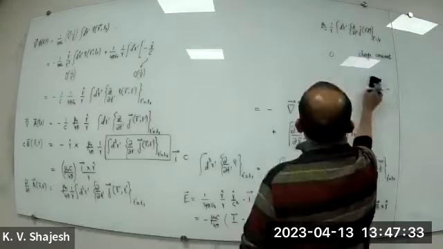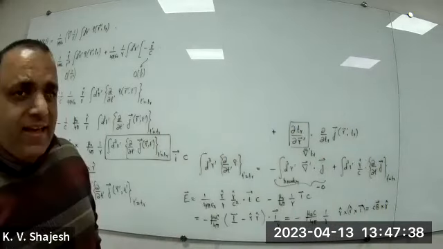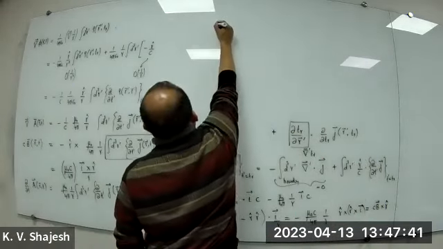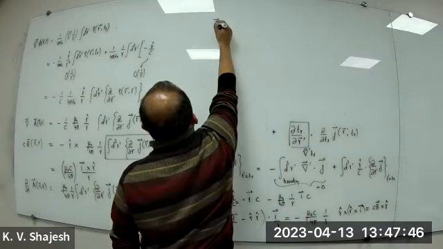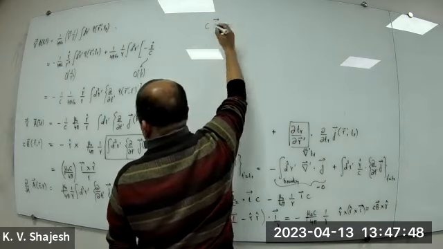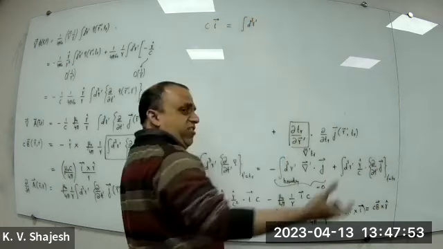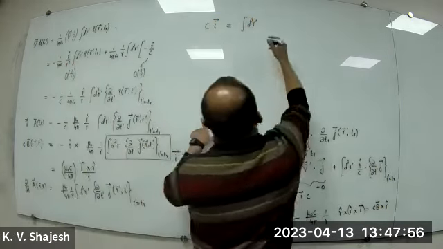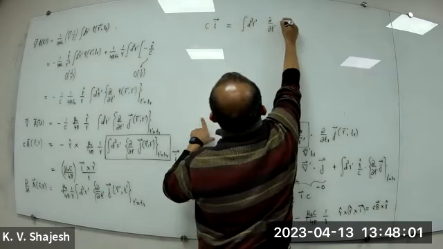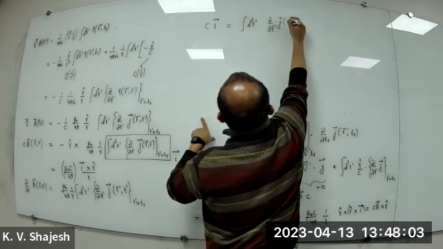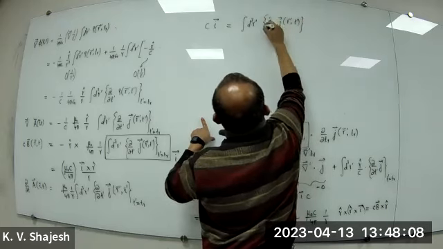Let me put this all together. So if you have a radiation, first define this quantity, c times I, which is your source. Who creates radiation? There has to be a change in the current density, or charge also. Charge could be changing, or current could be changing.